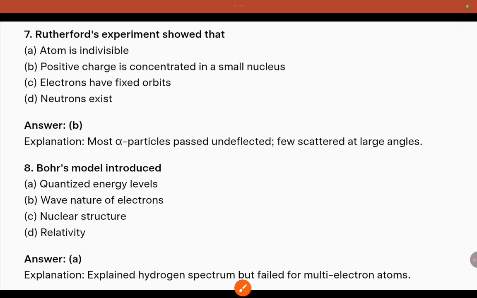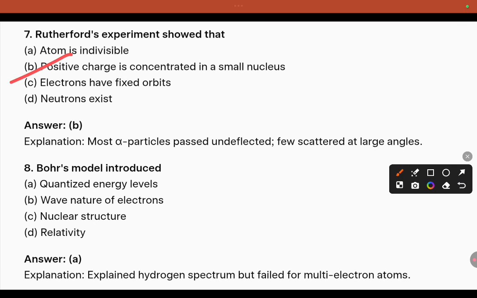What did the Rutherford experiment show? Not that the atom is indivisible, not that electrons have fixed orbits, not that neutrons exist. The Rutherford experiment showed that positive charge is concentrated in a small nucleus. So that is B. Most of the alpha particles pass undeflected, and few are scattered at large angles.